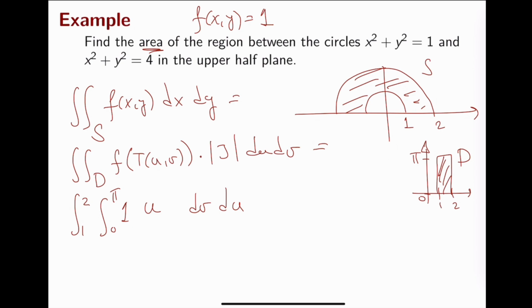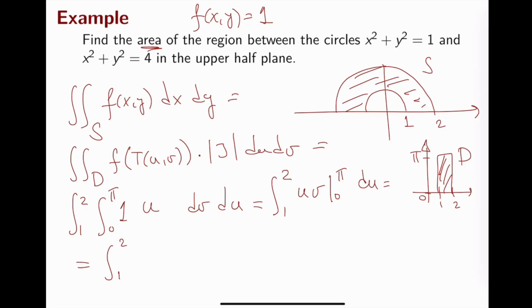The absolute value of u is still u, since we are here in positive values. And then the integral that we have to calculate now is really easy, of u, between one and two.